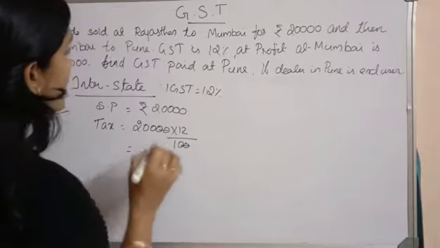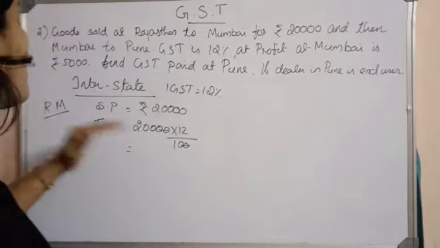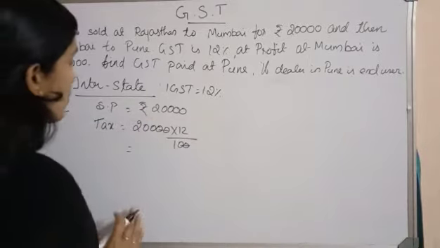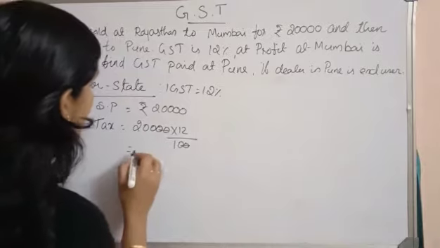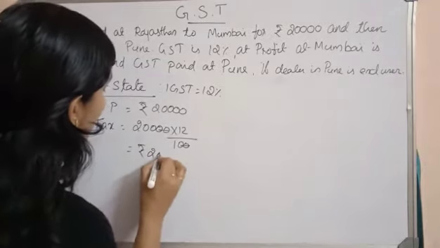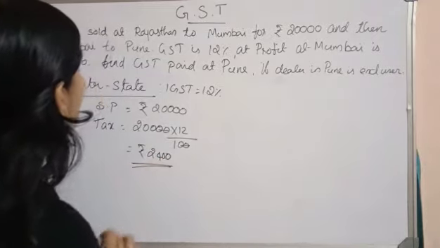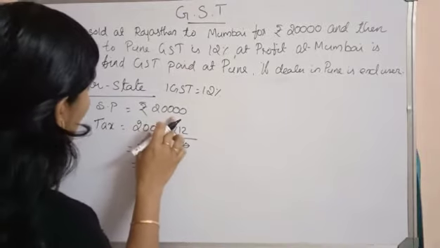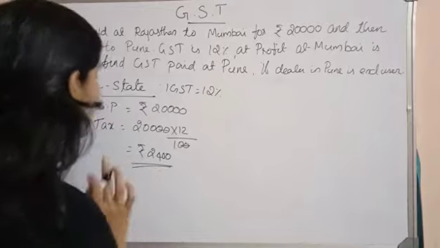Here in this question, it is not asked to find the GST paid at this particular place, but to understand it clearly, I am just giving you the tax paid at this point. So that is equal to rupees 2,400. This is the tax paid at Rajasthan, and here the selling price is 20,000, the output tax is 2,400.